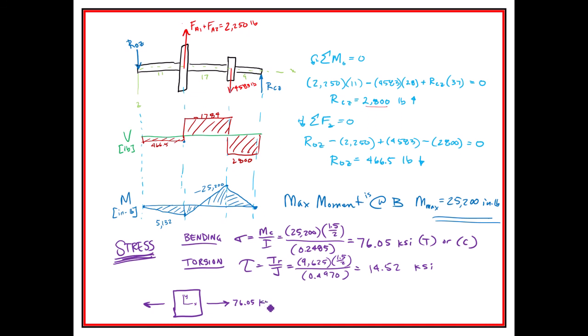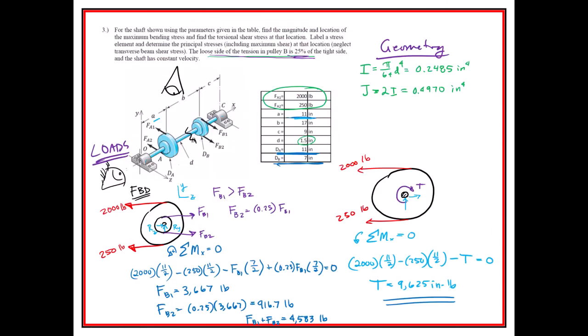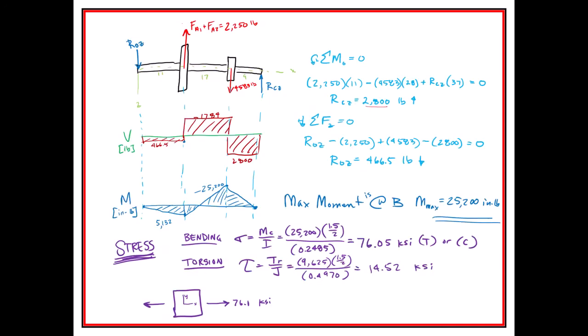So that's good. We'll just draw the tension side, 76.05 ksi, or just 76.1 maybe. Keep it nice. And then the direction of this one. We can start arguing about the direction. We would need to think about this diagram right here and a stress element. I drew it on my homework solution, and I probably didn't give it much thought because it didn't really matter.